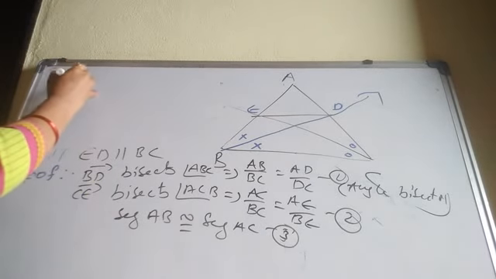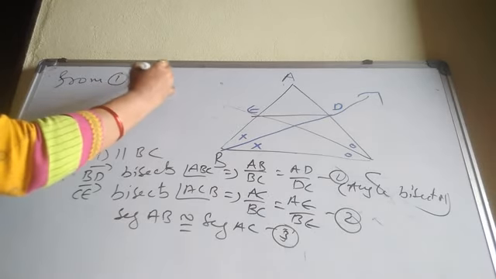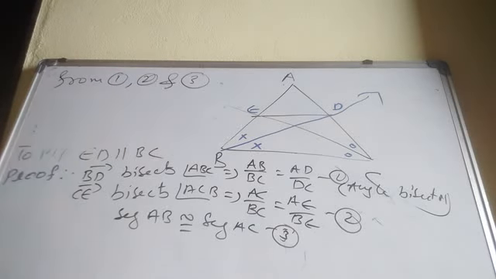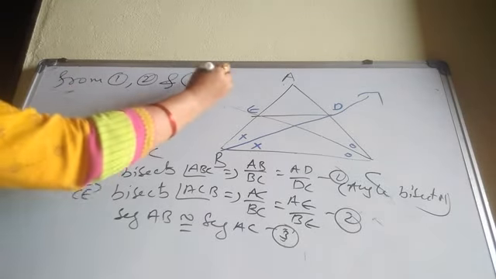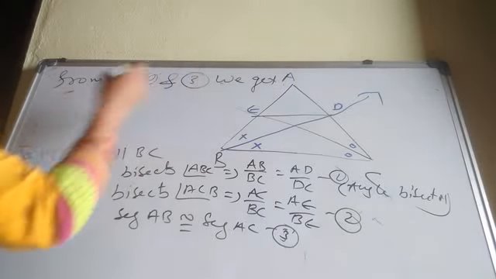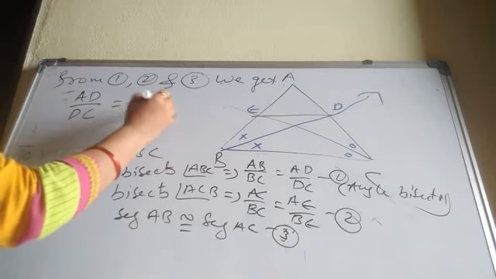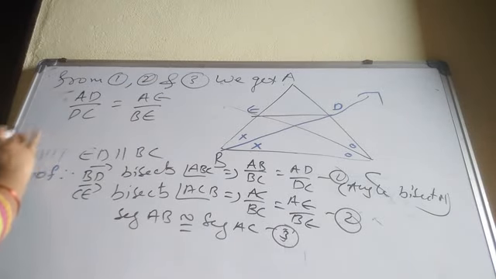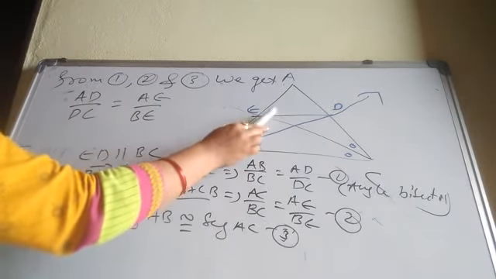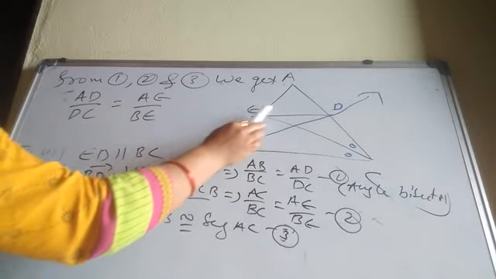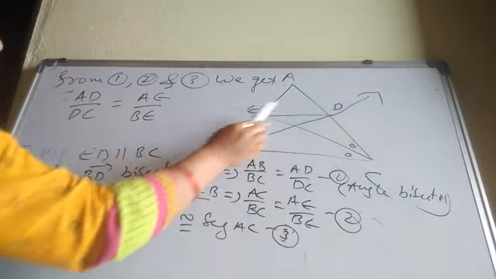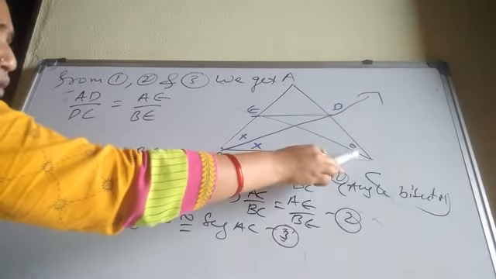From 1, 2 and 3, what do we get? AD upon DC equals AE upon BE. See here, I have proved the remaining two sides. Line DE divides the two sides of a triangle in the same proportion.